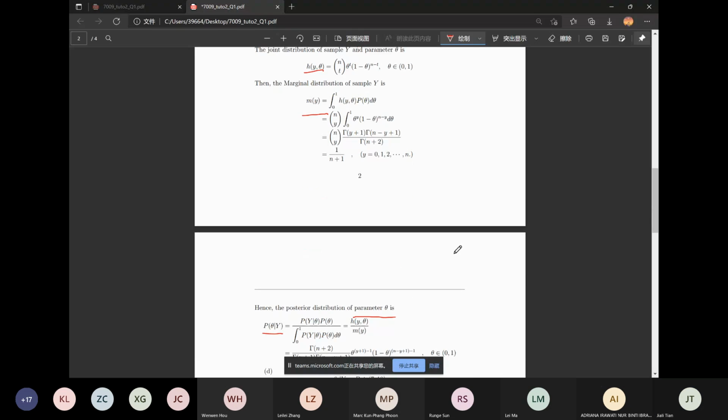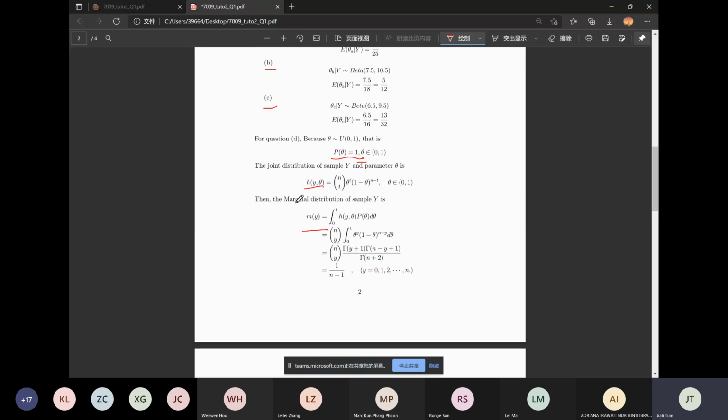You don't have to find the marginal distribution.